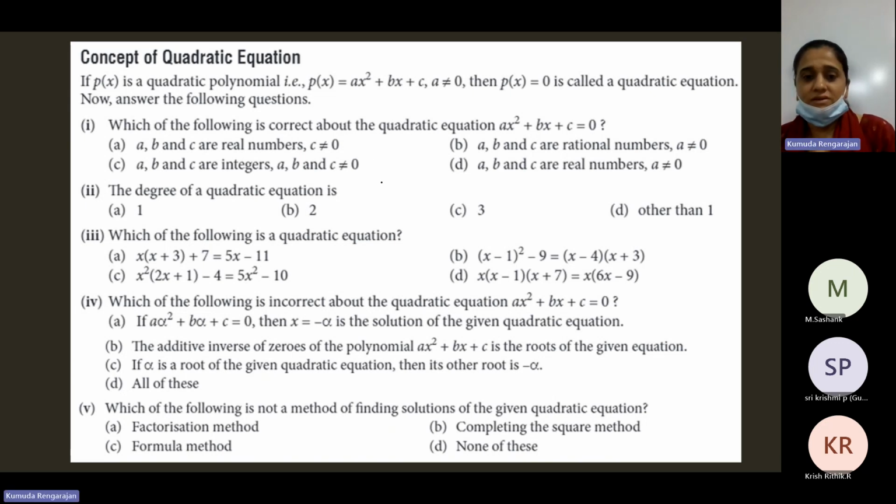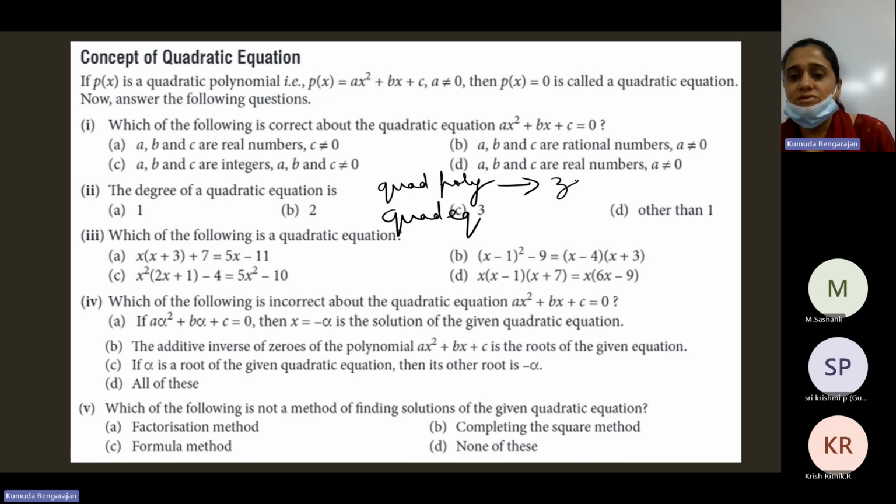Okay, let me just write that. Quadratic polynomial, quadratic equation. When we say quadratic polynomial, we say zeros. For the quadratic equation, we say roots. But the values are the same.